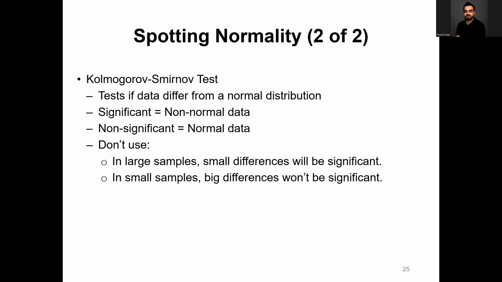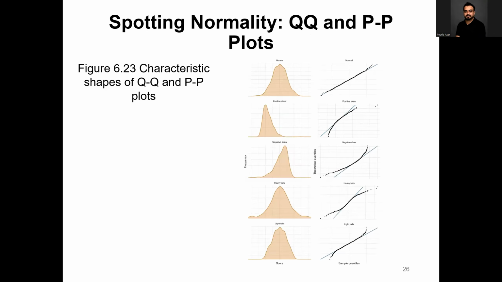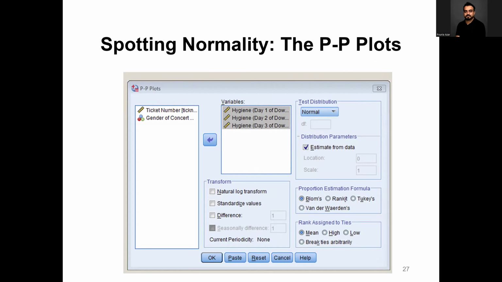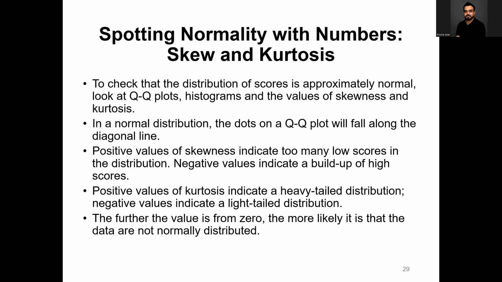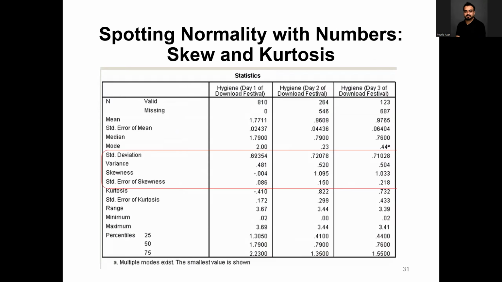So we want to see a non-significant p-value for the Kolmogorov-Smirnov test. Again, just like Levene's test, we shouldn't use this one in large samples and in very small samples. So we can use other methods to detect normality. So this is P-P plot and Q-Q plot. I'm gonna skip this because I want to show you how to work with SPSS on assessing the normality assumption.